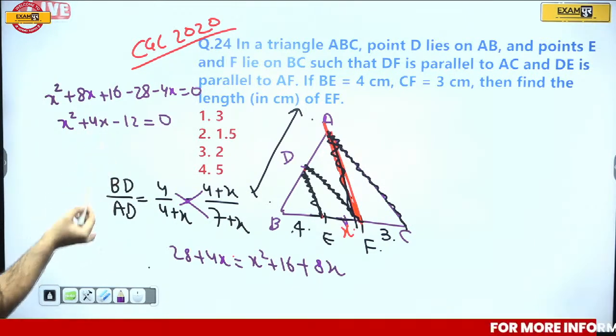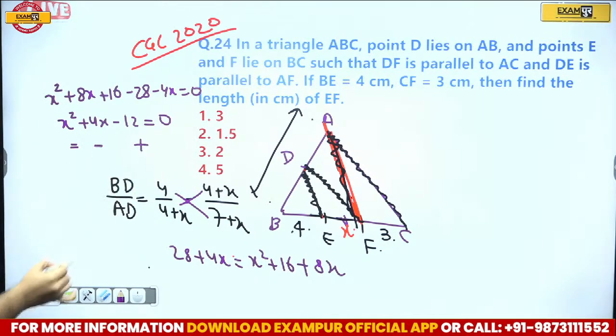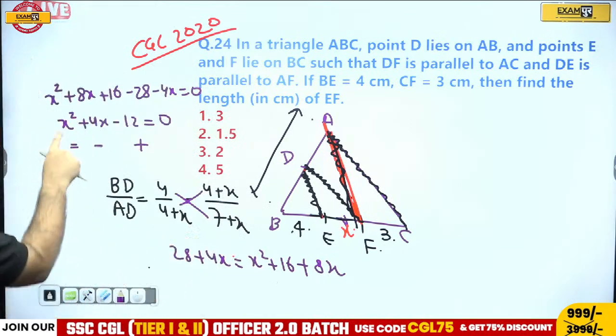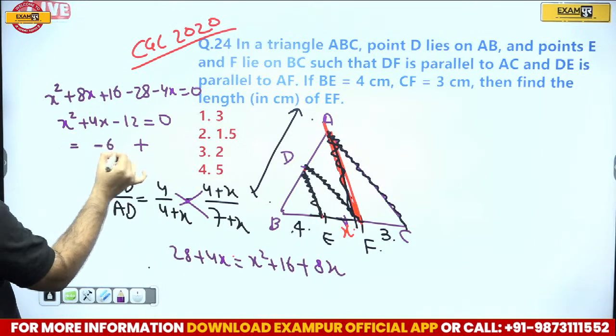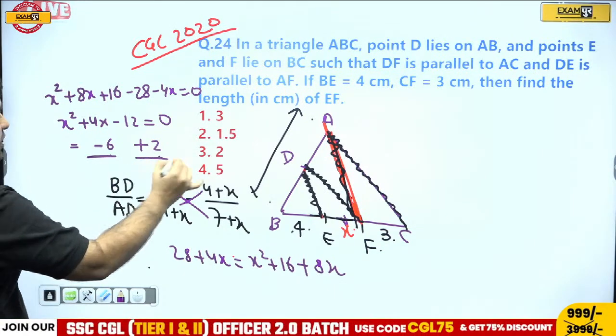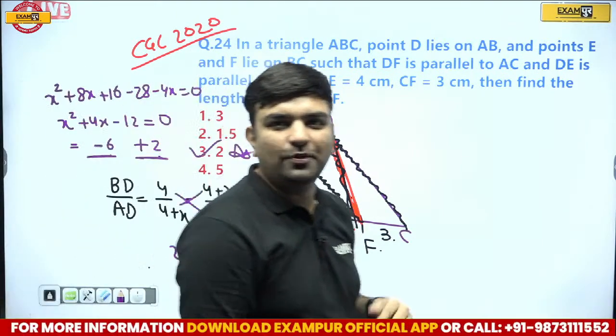Plus minus roots are minus plus. Product 12, sum or difference 4. 6 and 2. Bigger is negative, smaller is positive, answer.